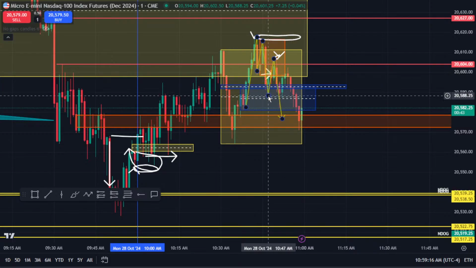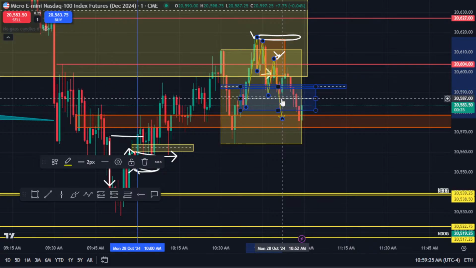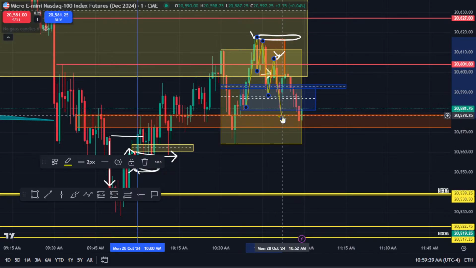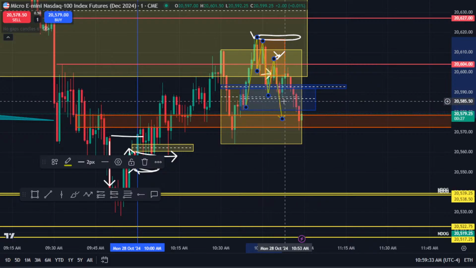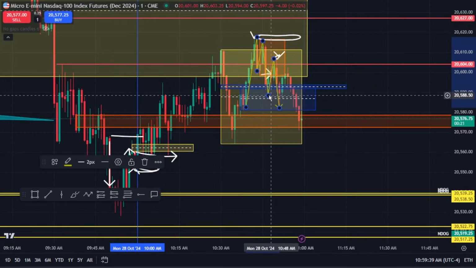I just realized that even when we wick a low, that's still taking out a low. That's enough to cause a pullback to happen.